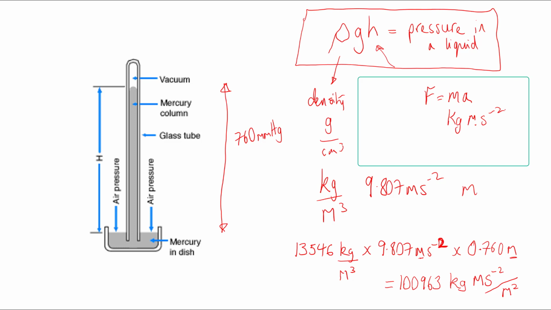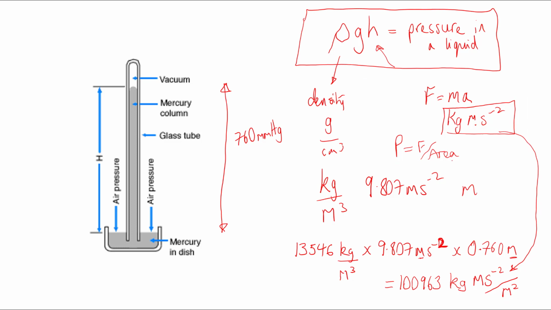So that's a force, and of course pressure is equal to force over area. So we'll take the units of force in here. Here's our units of force. And we're going to recognize that units of force are divided by the meters squared of area. So the units of area are meters squared down here. And what we end up with is a unit of pressure.